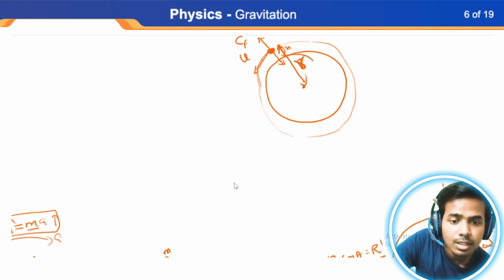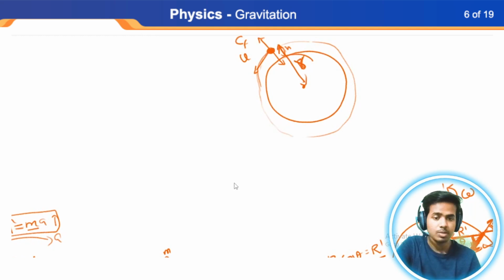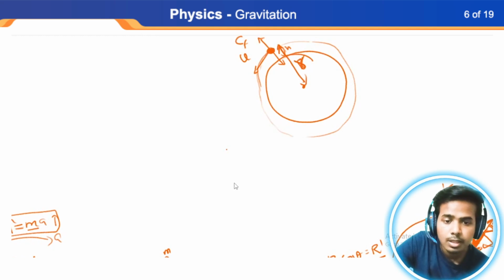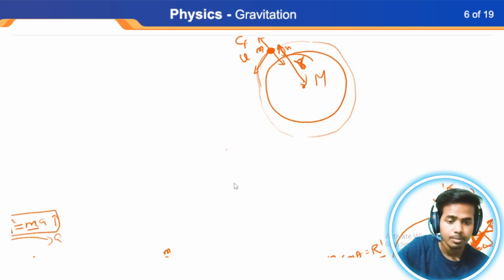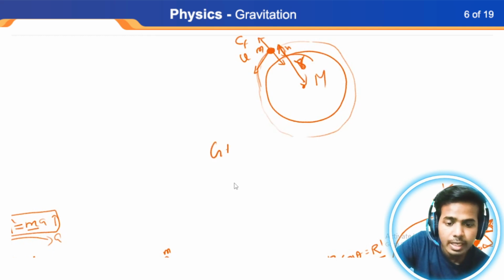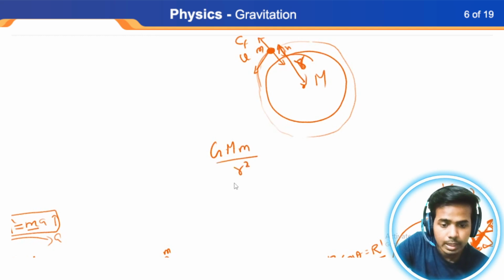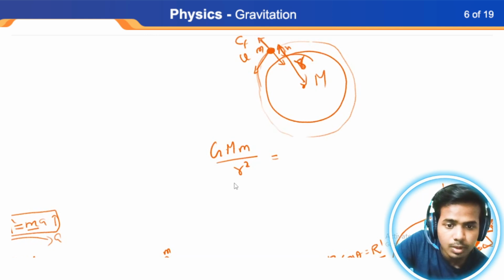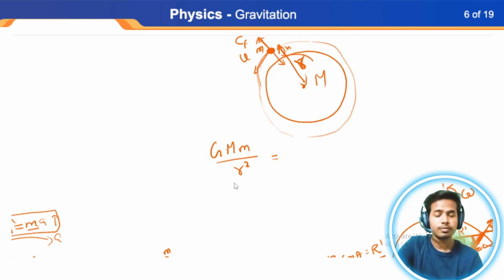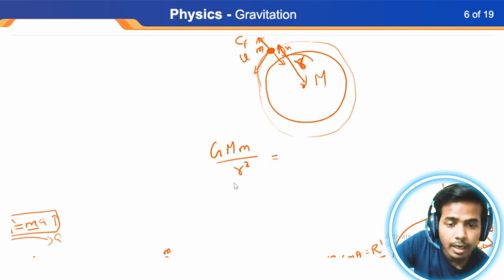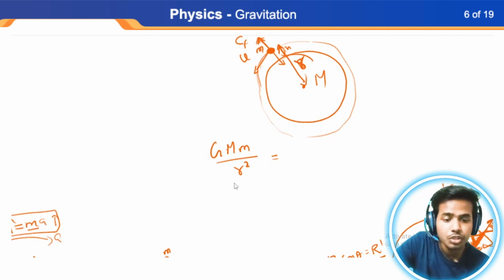Now, when we consider the free body diagram of this body, let's say it has a mass m, and the mass of Earth is capital M. Then you have GMm divided by r square equal to the force due to the centrifugal force, which should be equal to m u square divided by r.